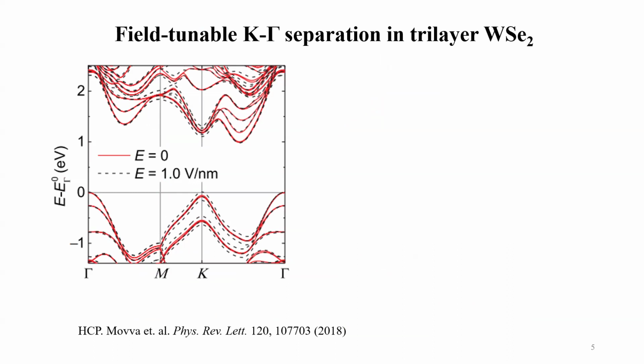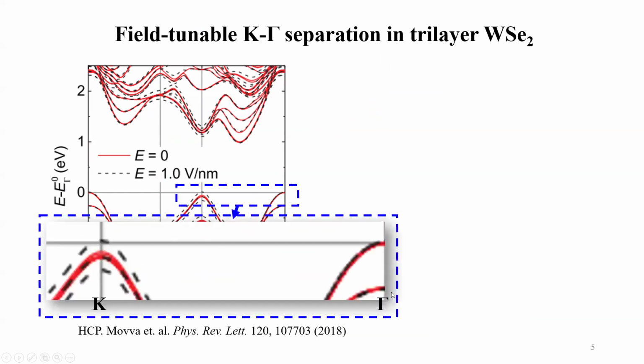This is because it has electric field switchable K and gamma valleys. This is the band structure of trilayer WSe2, where the y-axis is energy and the x-axis is momentum. If we zoom in on this part, we see that the red line corresponds to zero electric field, and the dashed lines are at a large finite electric field.